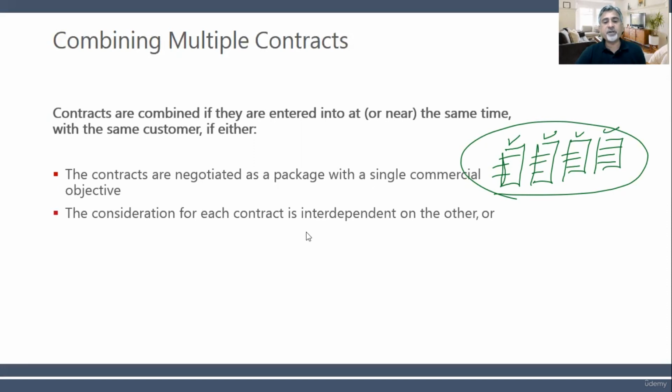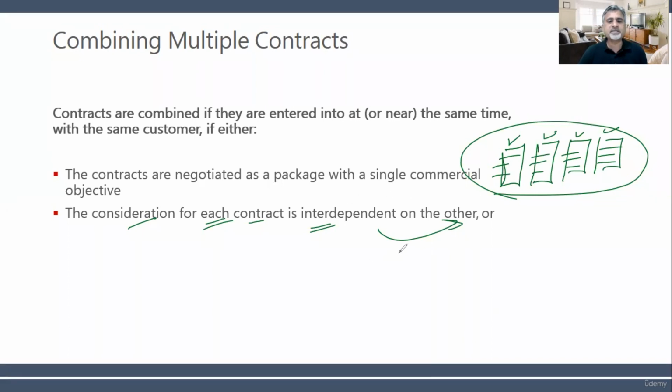The consideration for each contract is interdependent on the other. This is also a condition that consideration for each contract is dependent on the other. So sometimes you say, delivery of some goods and installation of some goods.